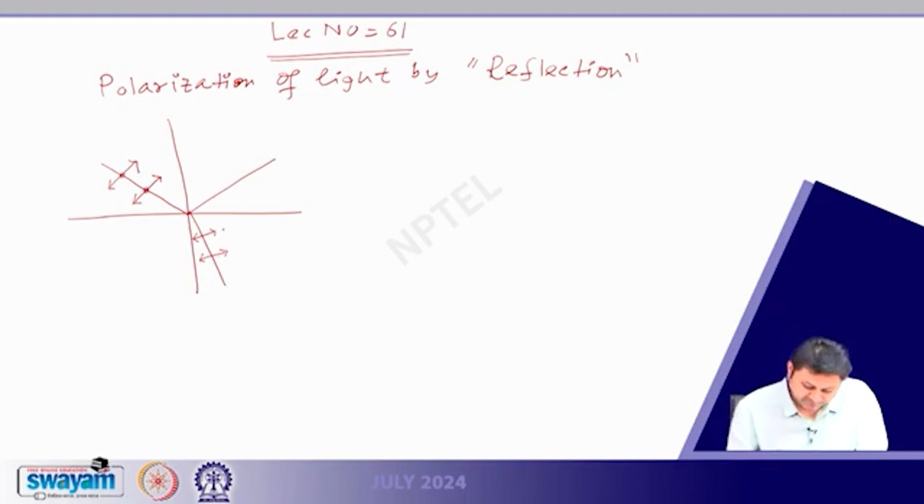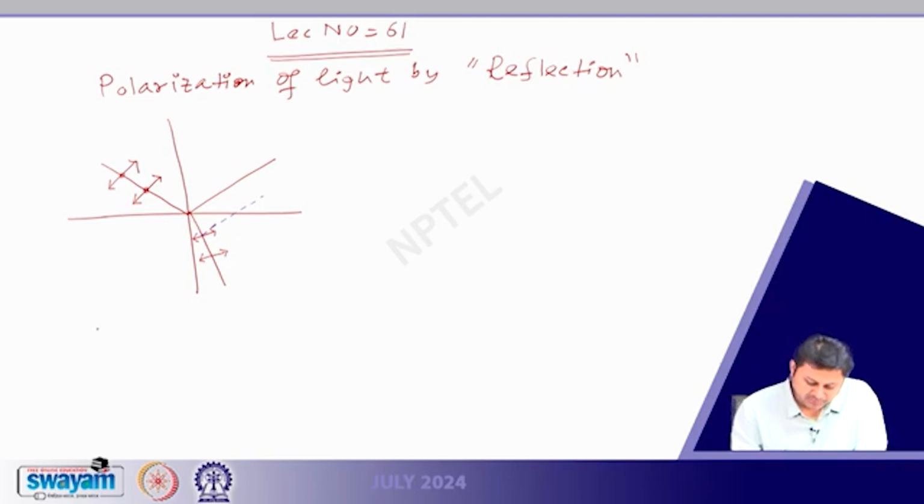So, when the electric field vibration was in this direction, it will vibrate the molecule in this direction and it is going to radiate.